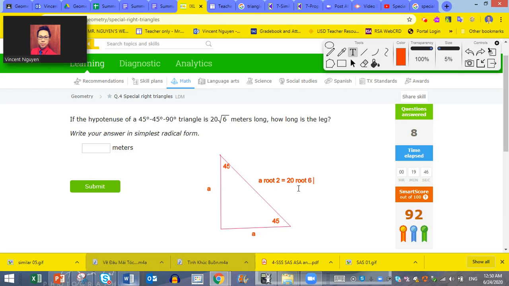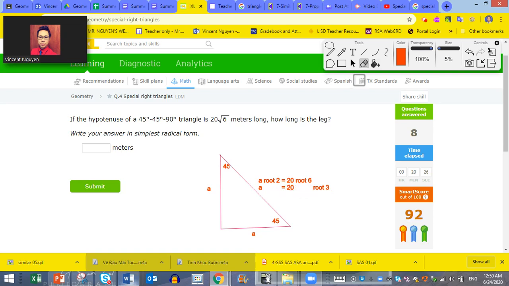So if I split this up, it's going to be A root 2 on the left-hand side of my equation, stays the same, equals 20, but instead of root 6, I'm going to write root 2 times root 3, because root 2 times root 3 is root 6. Now, why do I want root 2 there? So that I can cancel them out. I can cancel the root 2 here and the root 2 there. So I technically just erase the root 2 on both sides of my equation because of the equality properties.